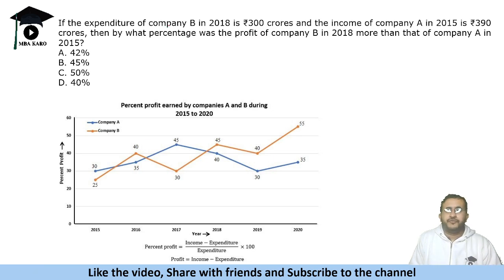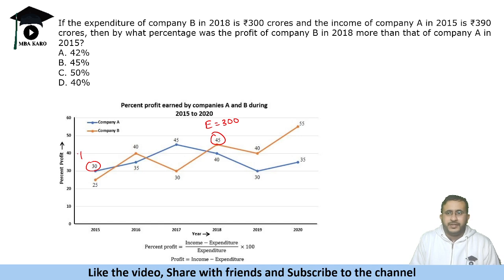If the expenditure of company B in 2018 is 300 crores, so this is 45% and expenditure is 300, we can find the profit. And the income of company A in 2015 is 390 crores. A is the blue one, 2015.